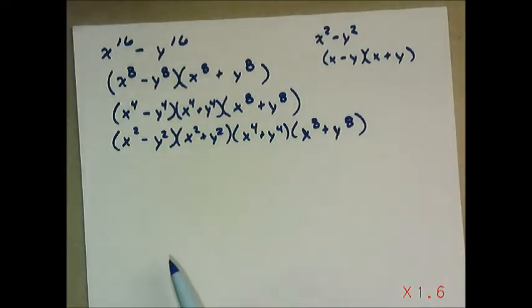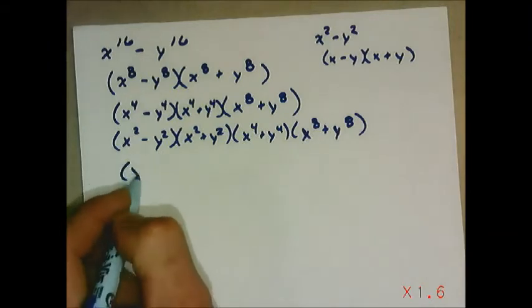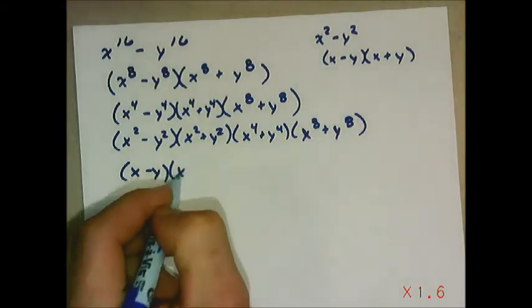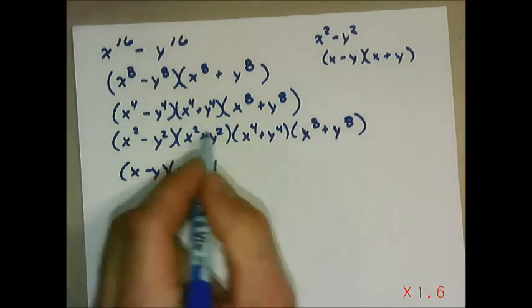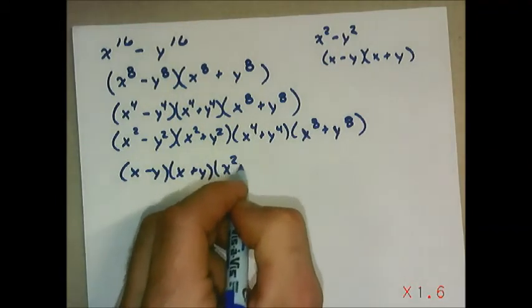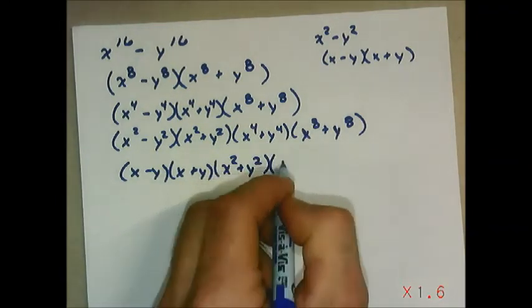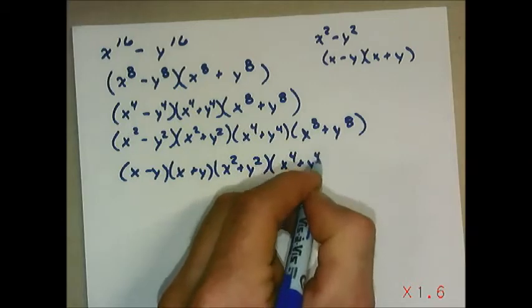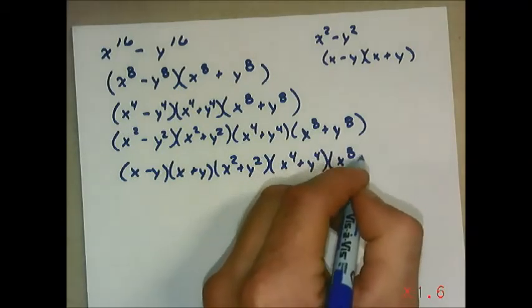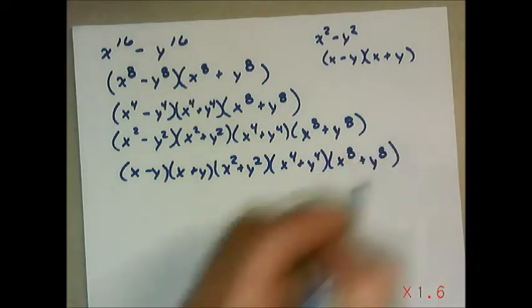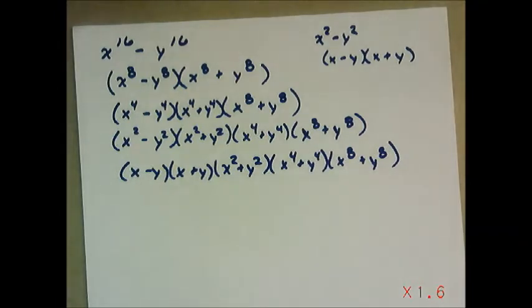But if you look, x squared minus y squared, we just talked about it up here, we can factor that to x minus y, x plus y, and then bring down our other three terms, x squared plus y squared, x to the 4th plus y to the 4th, and x to the 8th plus y to the 8th. And there's our completed factored form of x to the 16th minus y to the 16th.